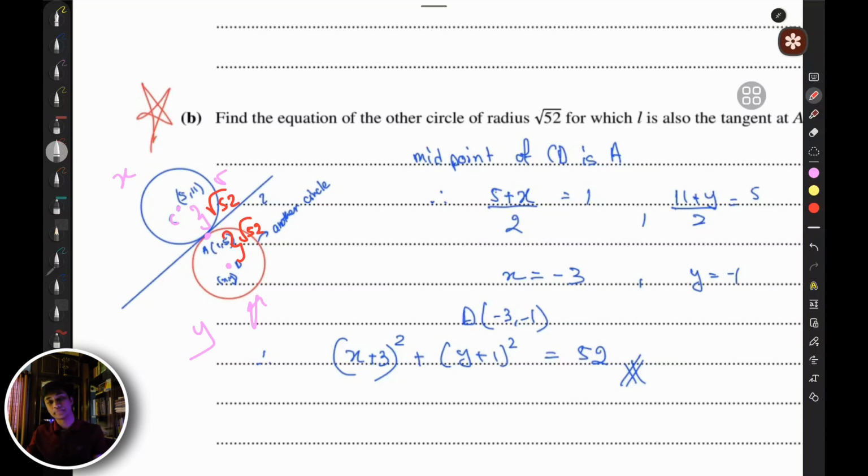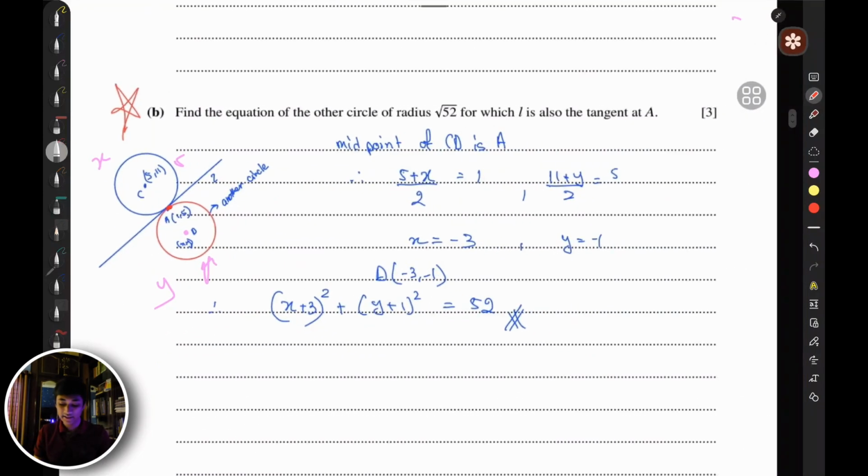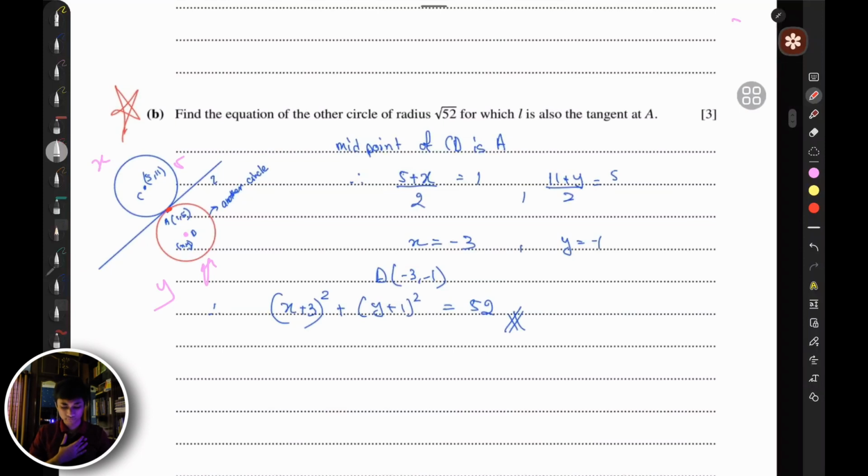CD is a straight line and A is equidistant from both C and D. Therefore, the lengths CA and AD are equal to the radius. In that case, you can find the coordinates of the center of Y using the midpoint theorem.